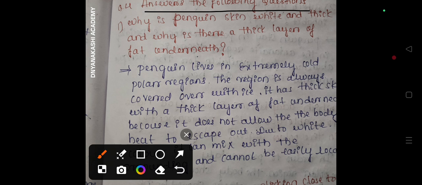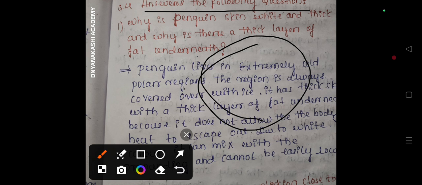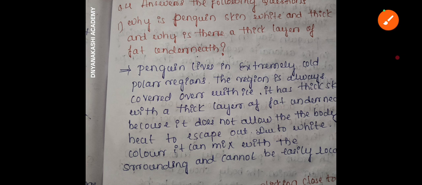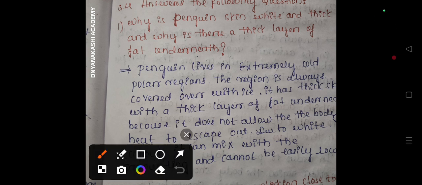Consider the Earth: this is the equator, and this region we call the polar region. It is a very snowy region because direct sunlight does not fall on the polar region.